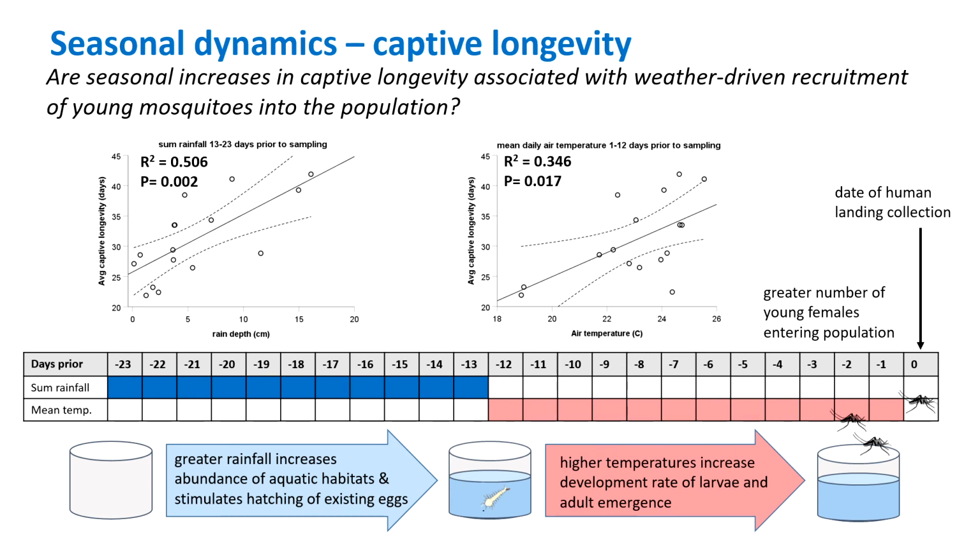And so what these results suggest is that higher rainfall 2 to 3 weeks prior to a landing collection, followed by higher mean daily temperatures, are increasing the rate of recruitment, and that's what's driving a higher captive longevity value.